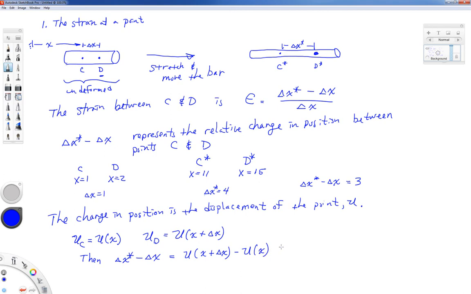All right, well, let's see if that works out. The displacement of the point C, which was originally at x equal to 1, it displaced 10 units to get us to C star.